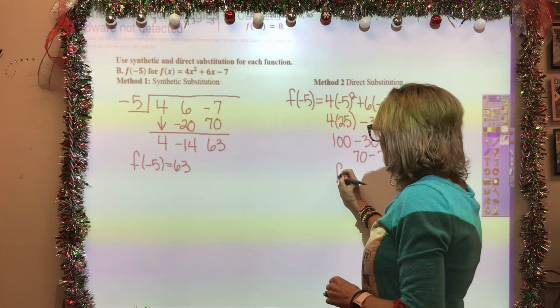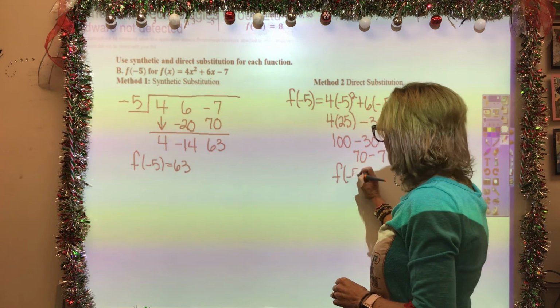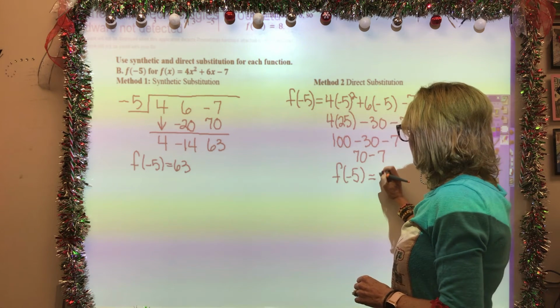So that tells us again that f of negative 5 is 63.